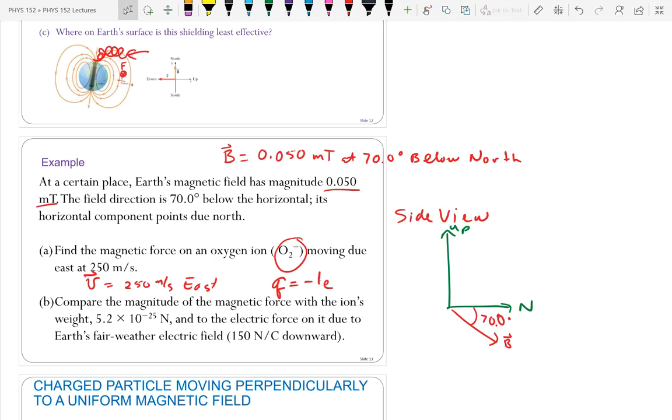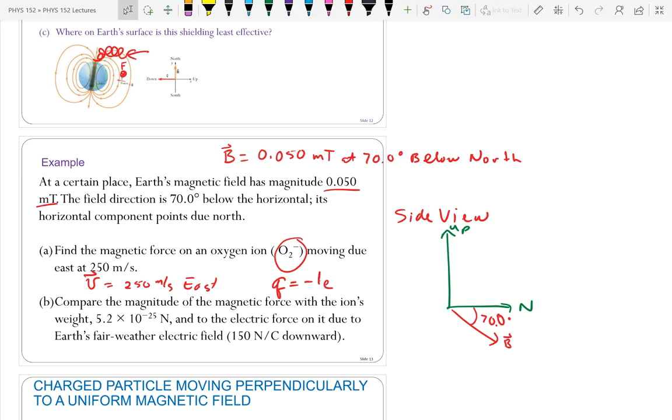We have to come up with a way to solve the problem, of course. So part A is just find the magnetic force. How will we find the magnitude and how will we find the direction? Okay, the direction with the right hand rule.